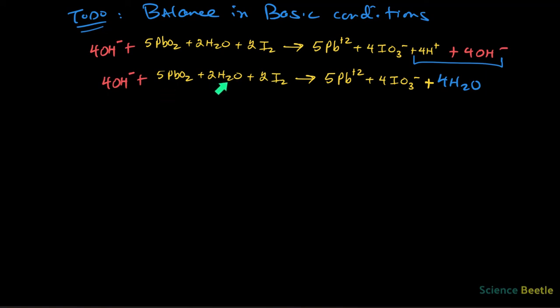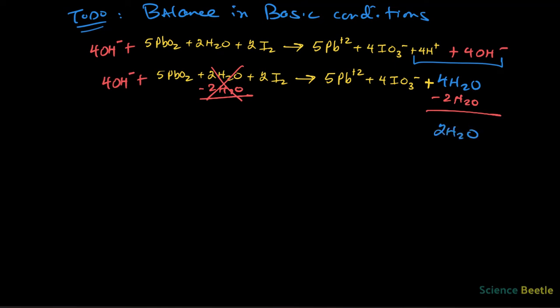The water exists here, but notice now water exists on the right, so now we have to simplify. We've got 2 on the left, 4 on the right. So we're going to subtract the 2. That will allow me to cancel that side out, and we'll do the same thing to the other side. Then that will give me a total of 2 waters, and everything else is still the same.